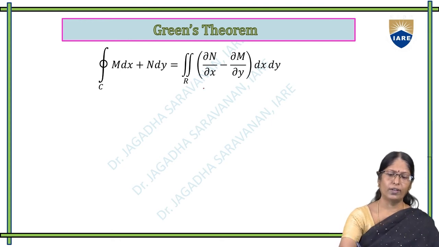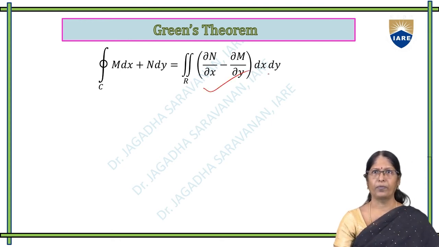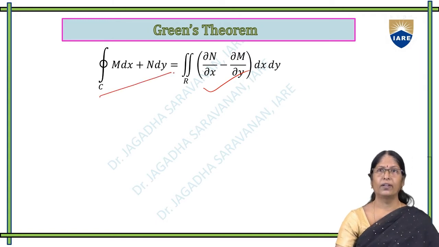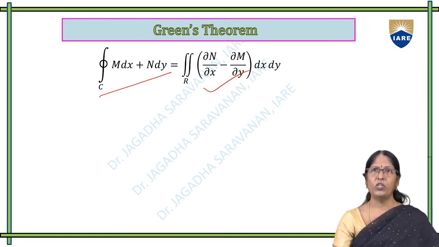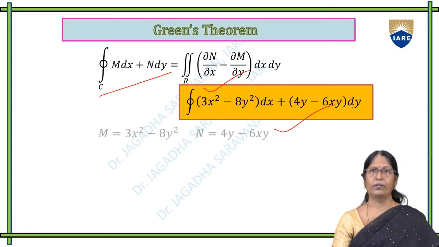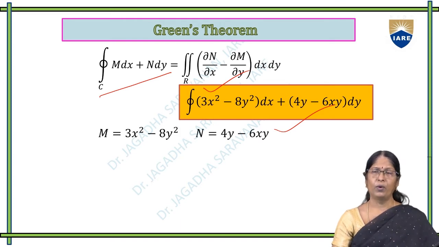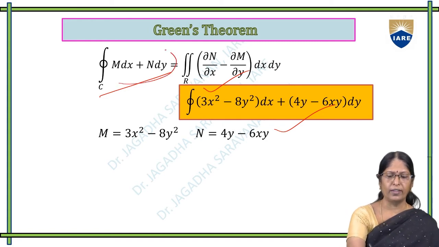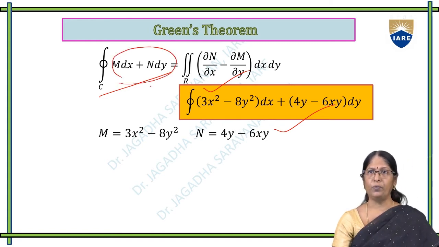Now, this is the Green's theorem formula. The left hand side is the integral over C of M dx plus N dy, which is equal to the double integral over R of dou N by dou x minus dou M by dou y dx dy. This is our given function. We compare the function with the Green's theorem formula, where the left hand side is M dx plus N dy.